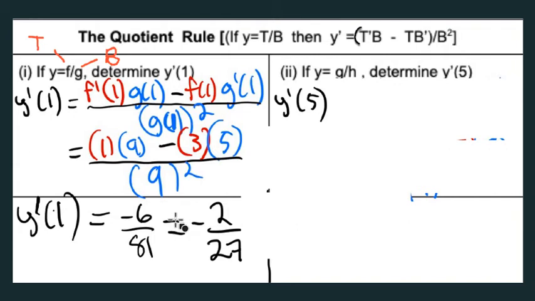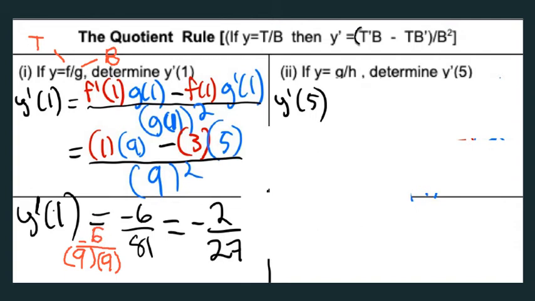But there's something I probably could have done here in a smarter way. I could have done negative 6 divided by 9, times 9.